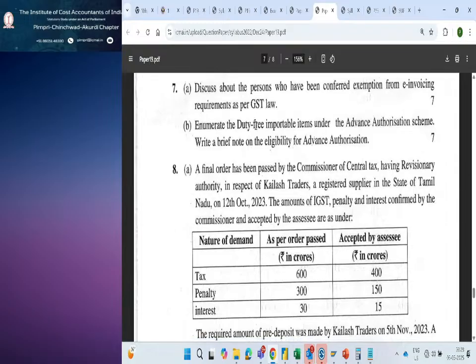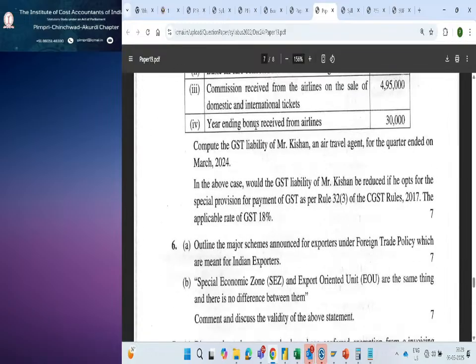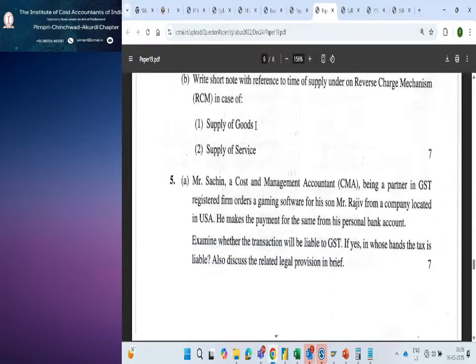I wanted to share these types of problems. This is from the December 24 question paper. Sachin, a cost and management accountant and a partner in a GST registered firm, orders gaming software for his son, Mr. Rajiv, from a company located in the USA.